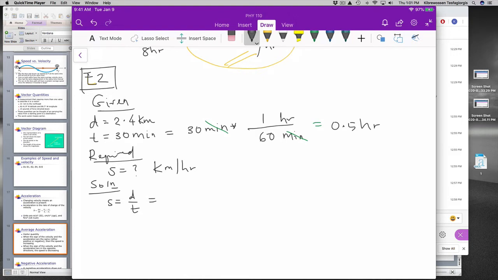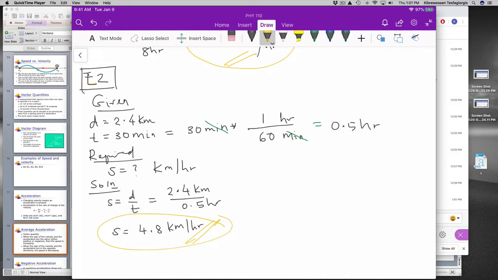So your distance, which is 2.4 kilometers, divided by 0.5 hours gives 4.8 kilometers per hour. Very neat.